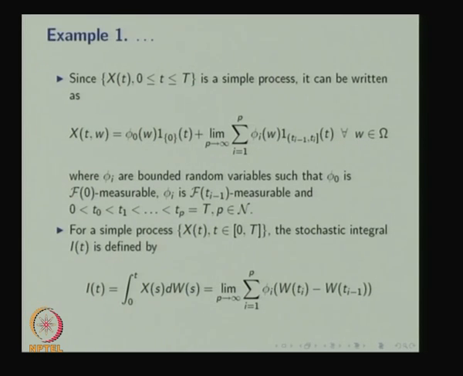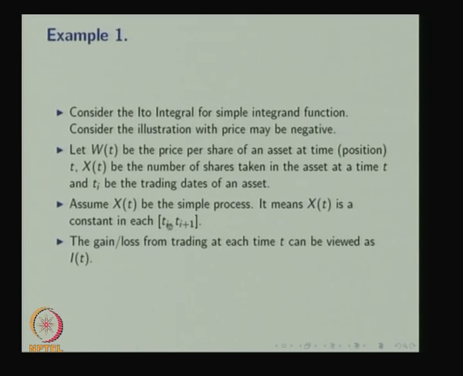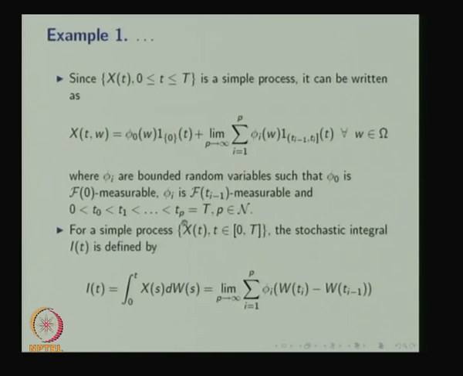Since it is a simple process, you can write X of t, omega, where omega belongs to Omega, in this fashion, where psi_i are bounded random variables such that psi_0 is F_0 measurable and psi_i are F_(t_(i-1)) measurable, because it takes a constant value in the interval t_i to t_(i+1). Therefore, you can write the simple process X of t in this form.